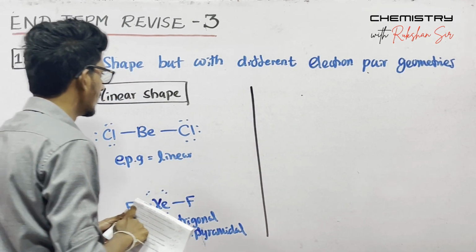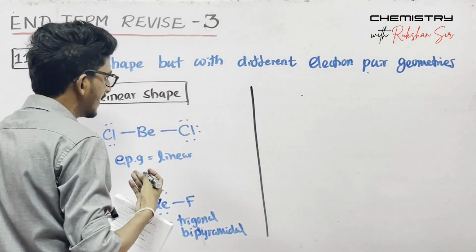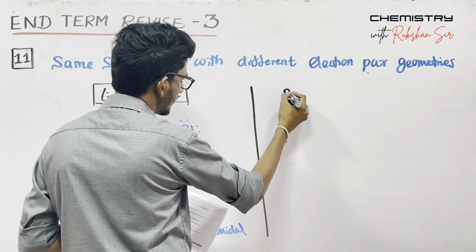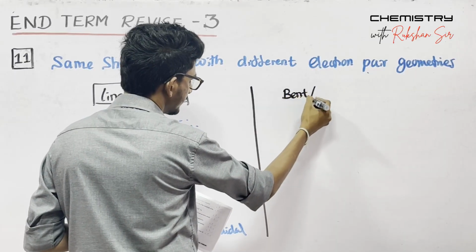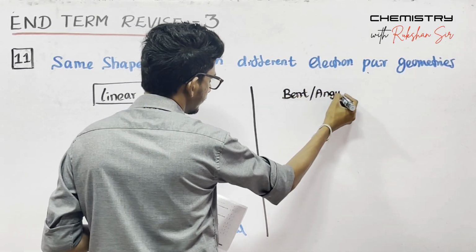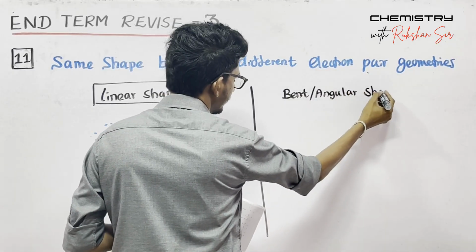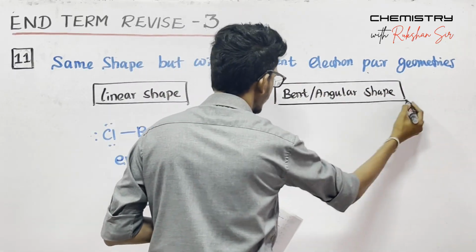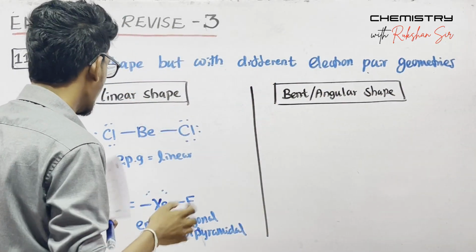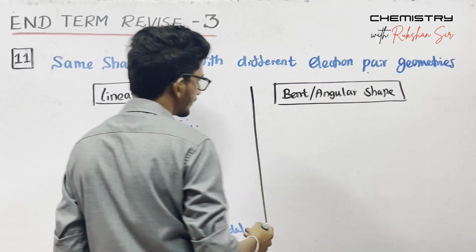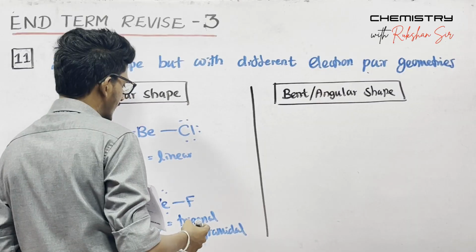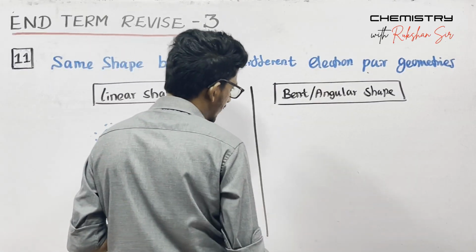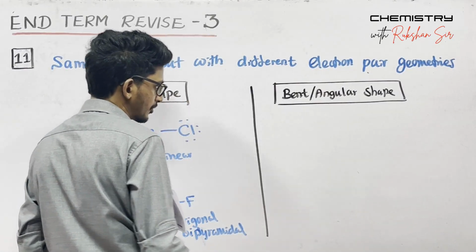So we could even think of a bent or angular shape. An angular shape could appear from a trigonal planar geometry.